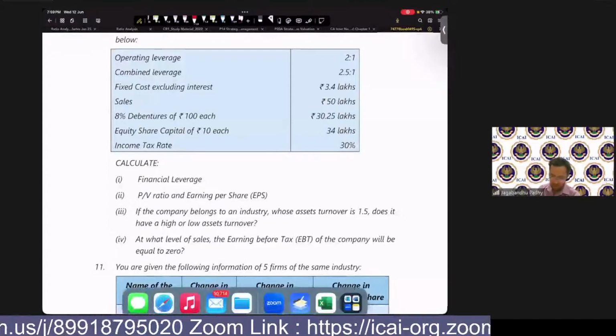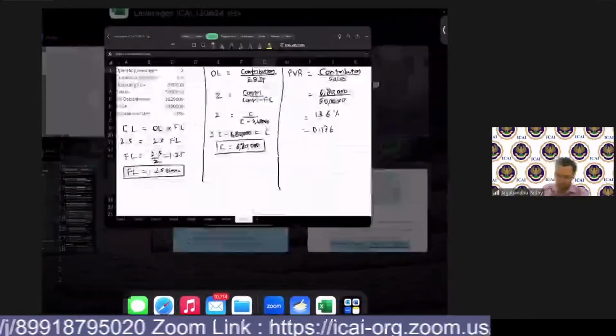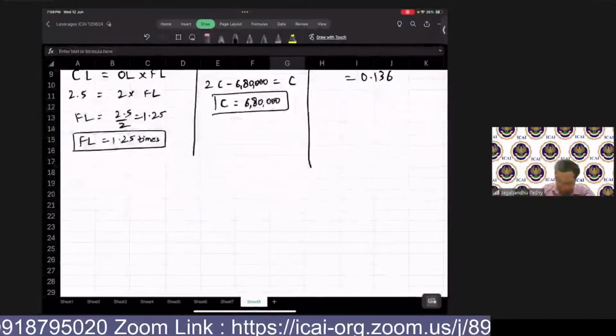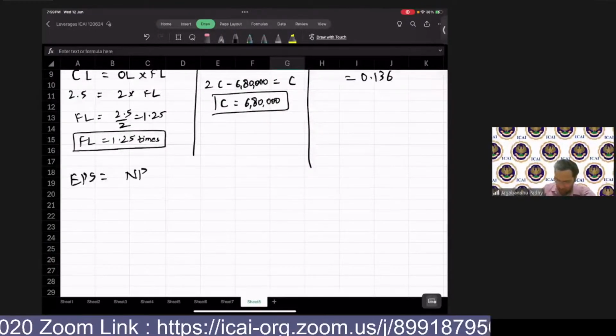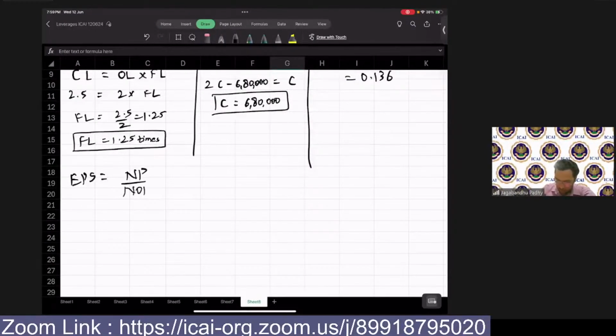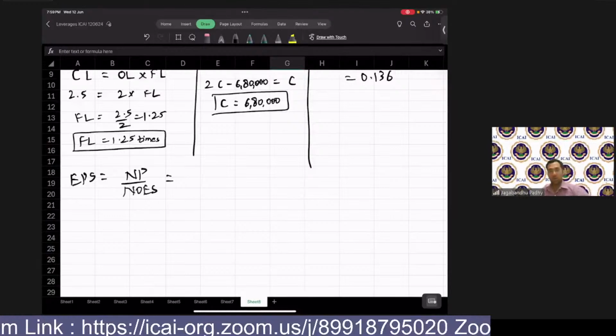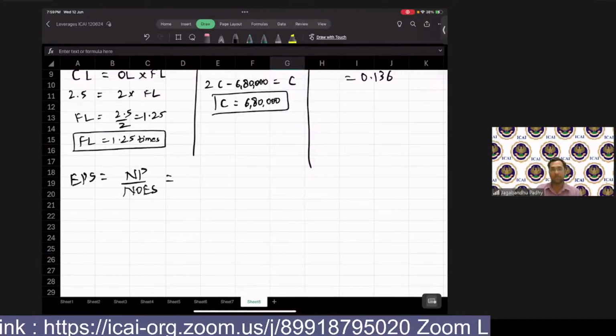We want to compute the earnings per share. Earnings per share is net profit upon number of equity shares. How do I get this net profit?